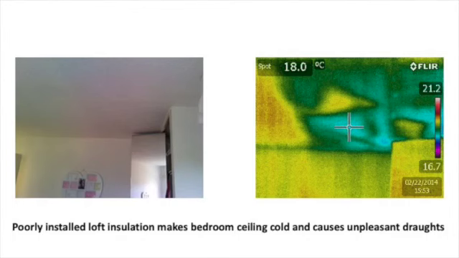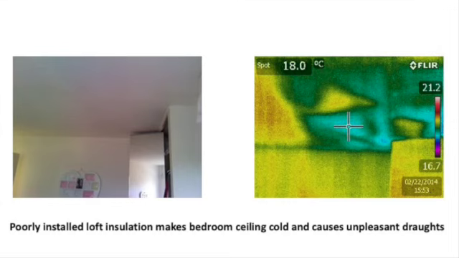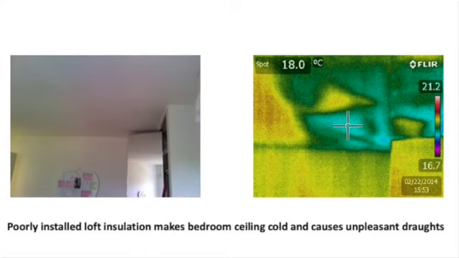For example, this picture shows a bedroom ceiling in a rented property shortly after new loft insulation had been installed. The blue area in the thermal image shows that this part of the ceiling was cooler than the yellowy red area to the left, indicating that insulation was missing above the blue area.